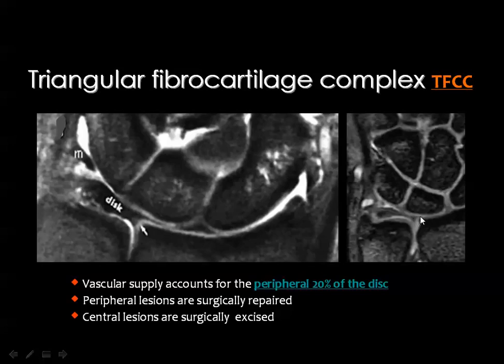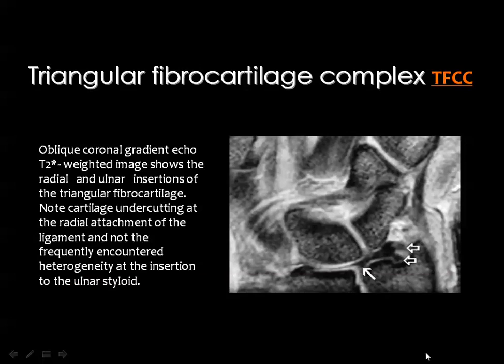Intermediate signal at the base of the triangular fibrocartilage near its radial attachment represents the radial articular cartilage going through the base of the disc. Then there are two fascicles, as I have said, attaching the triangular fibrocartilage to the ulnar styloid process, and there is an intermediate signal at the base of the disc representing the articular cartilage of the radius extending at the base of the triangular fibrocartilage.